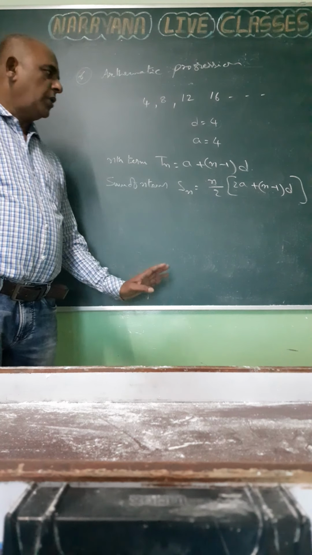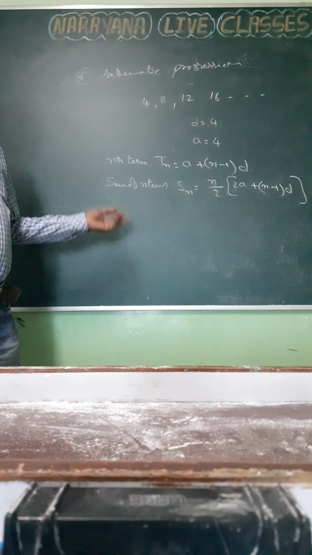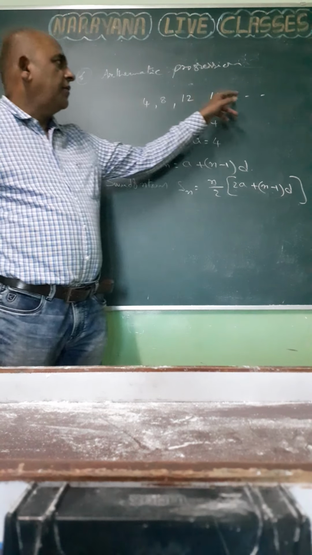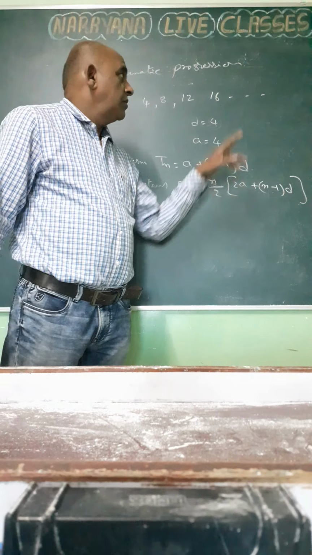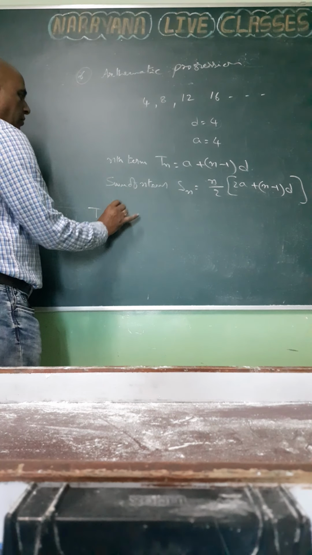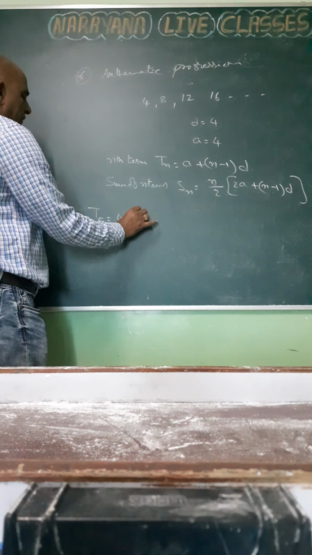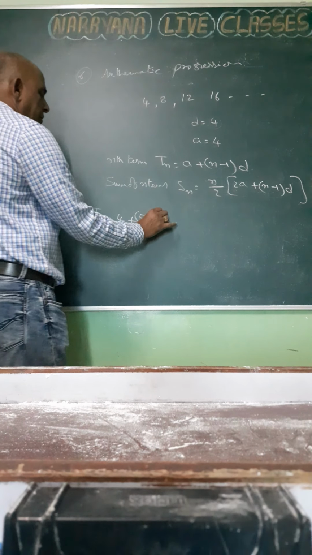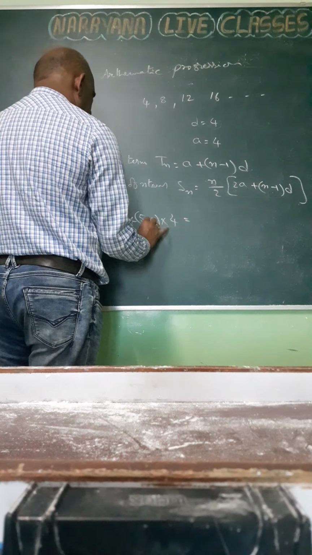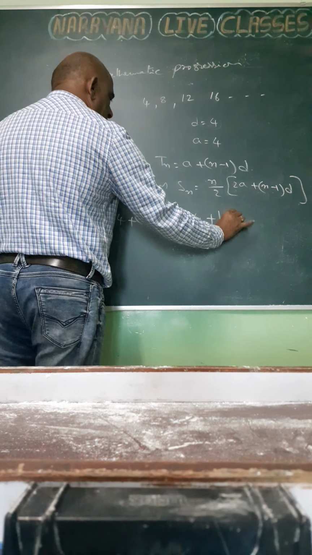This is the sum of n terms. For example, here we need the fifth term. So the fifth term T5 is equal to, the formula is this, a is 4, plus 5 minus 1 into the difference 4. So that is 4 plus 4 into 4, 16. So, 20.